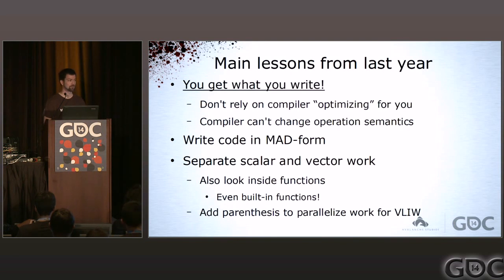So this is one of the optimizations that can give you the most bang for the buck. It's very easy. Usually just add a parenthesis and suddenly your code is a lot faster. And you can even look inside the built-in functions to find opportunities to do this sort of optimization.